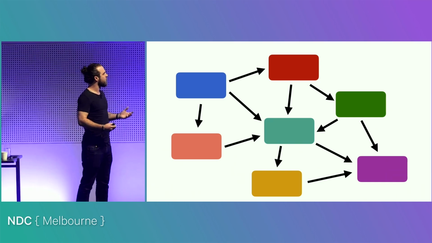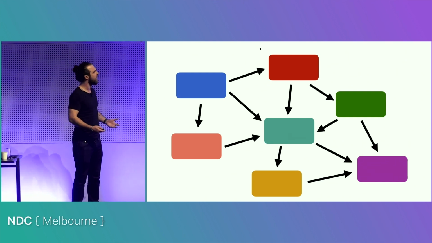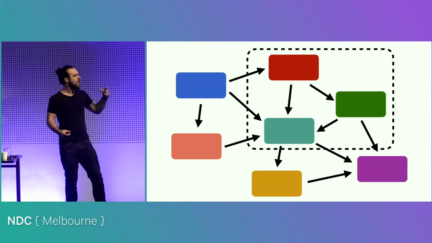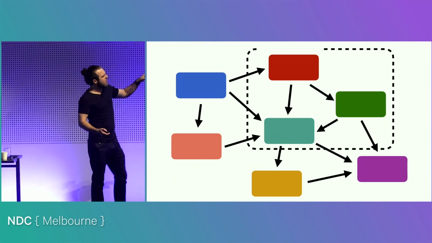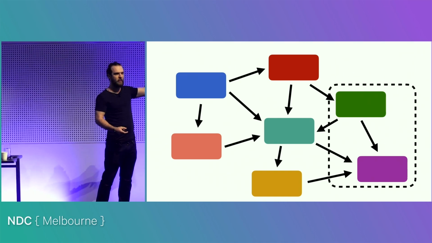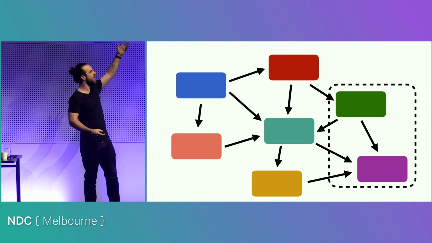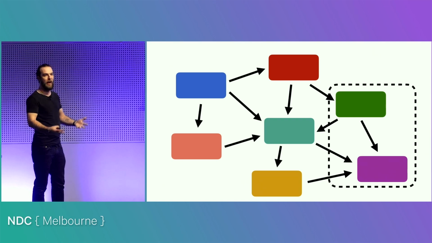And it's really hard to find the boundaries within a big ball of mud because everything's just flying everywhere. Maybe this bit here, if we draw a box around those three, maybe that's what we're going to make into our new service. Or maybe actually it's this bit here. You know, maybe the stuff in the green box is more closely related or more coupled to the stuff in the purple box than it is to the red or the turquoise box. So where are the boundaries?